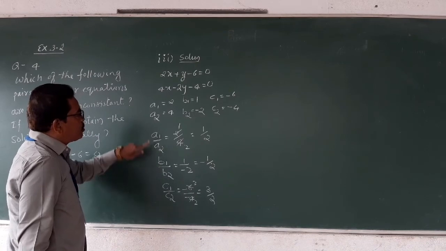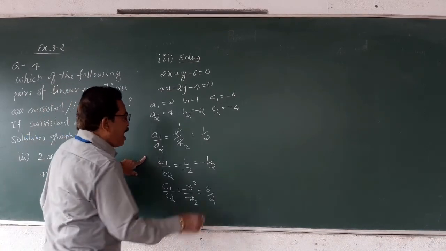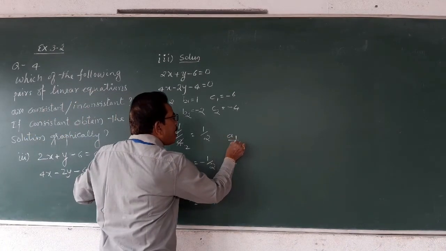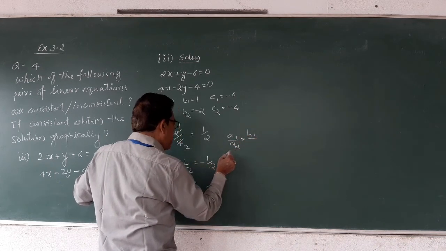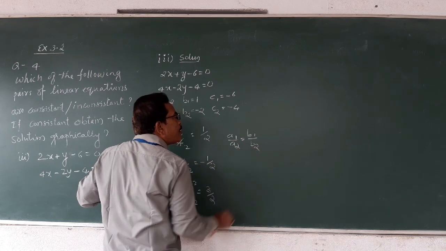By observing the values of these ratios, we have a1 by a2 is not equal to b1 by b2.